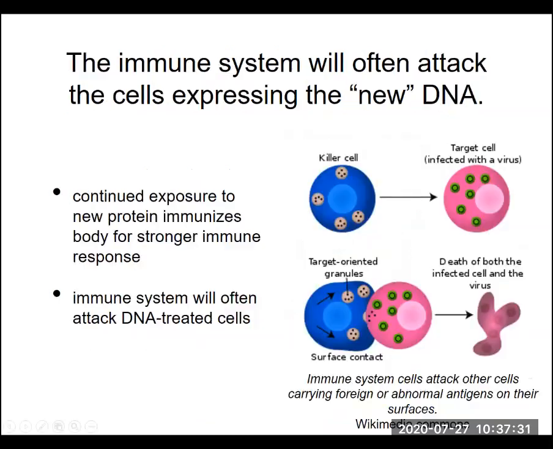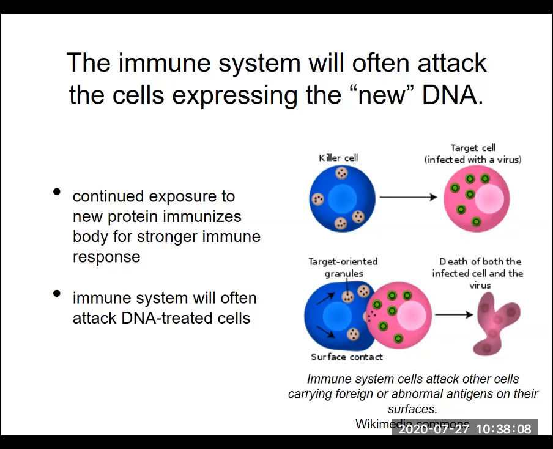Now, one of the reasons for that is the immune system, as we've talked about before within the course, attacks cells that are recognized as being different, as being foreign. And so if we use this virus to inject a nucleotide message, a correct gene, there's the possibility that when that cell is infected and expressing that gene, the proteins it's producing are going to be looked at as being different from the normal proteins and the normal cells within the body.